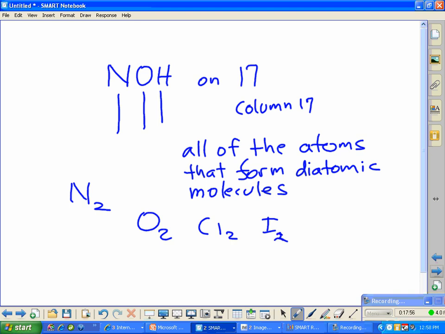And anybody in column 17, anybody that is nitrogen, oxygen, or hydrogen, H2, they bip around in pairs. That's called diatomic, di for two, atomic for atoms. So diatomic molecules are molecules that have two atoms.